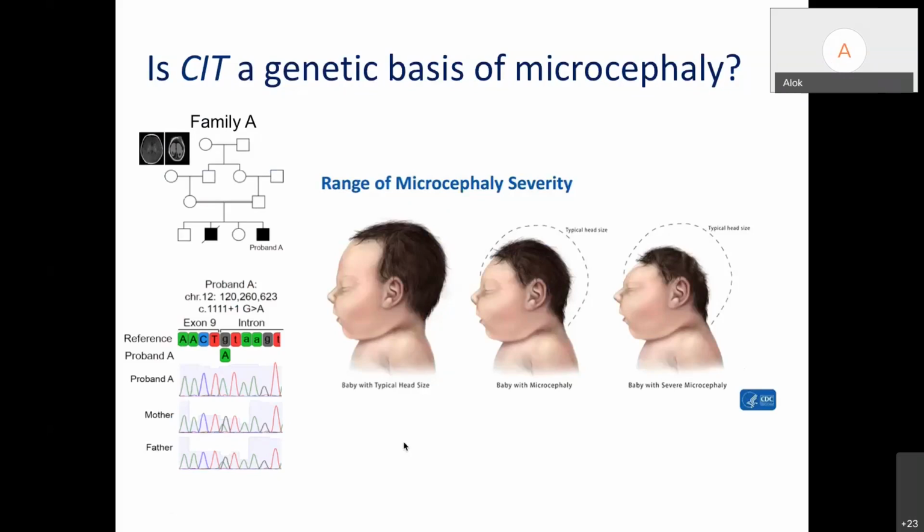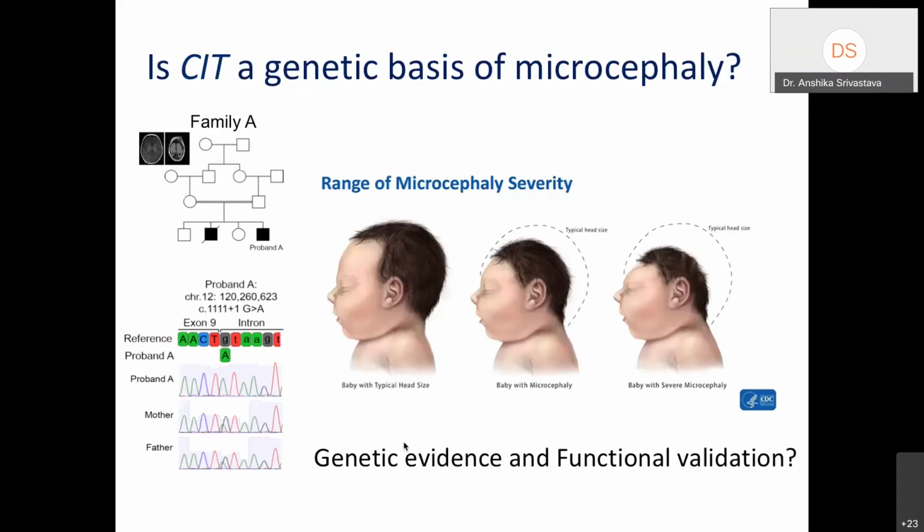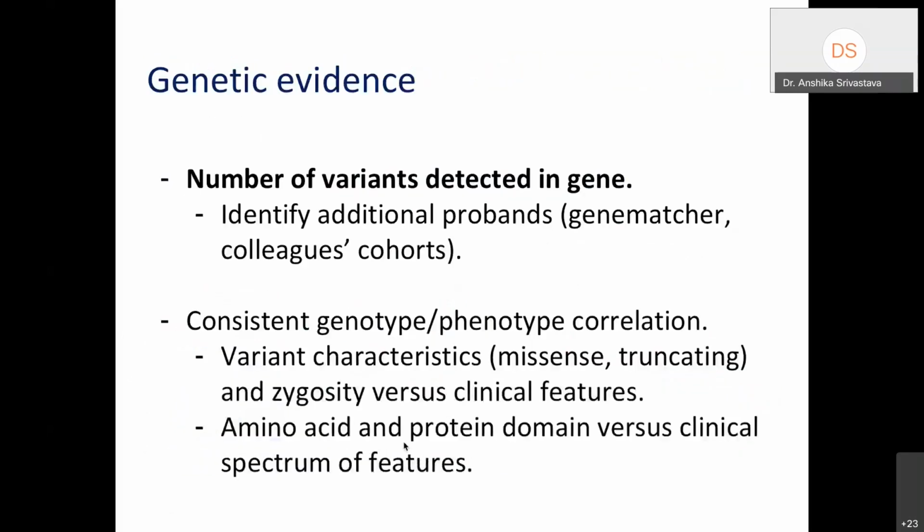Okay. So in family A, we identified the splice variant, and then we need to have genetic evidence and functional validation. For that, we need to have additional variants. So for that purpose, we posted the citron kinase gene on GeneMatcher, and we were able to identify additional probands from GeneMatcher colleagues' cohort.